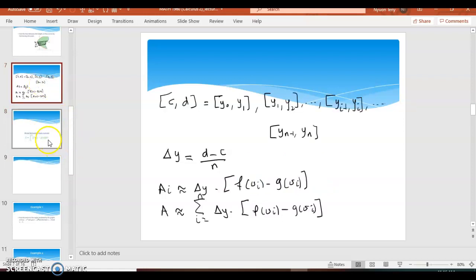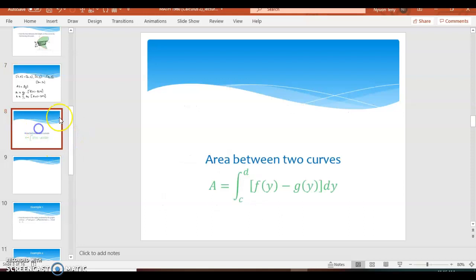Now to find the exact area, we need to take the limit.